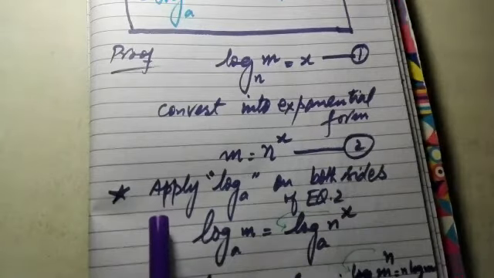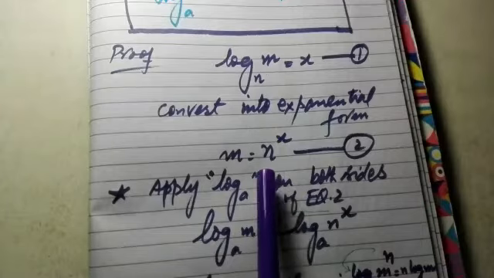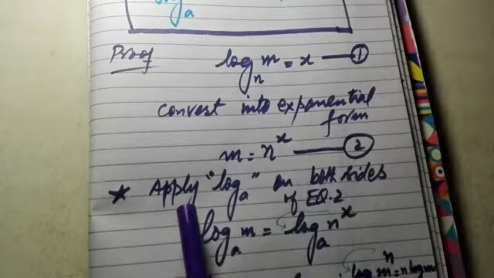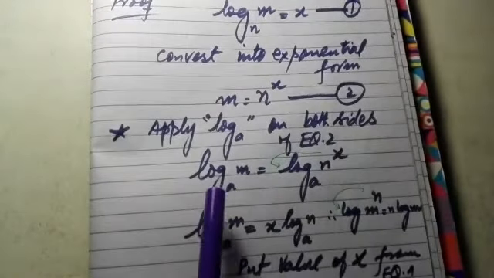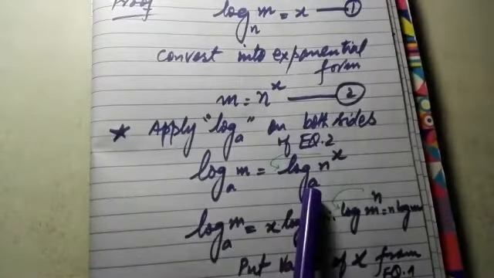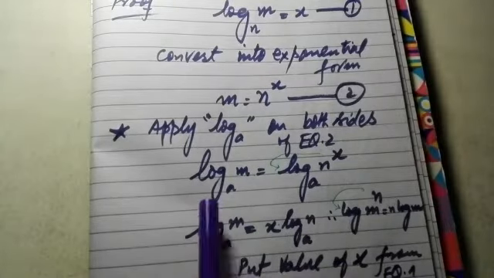So we are applying logarithm on both sides of this equation number 2. We are not converting into the logarithmic form. Once I apply it, it will become log a on the right hand side and log a on the left hand side.